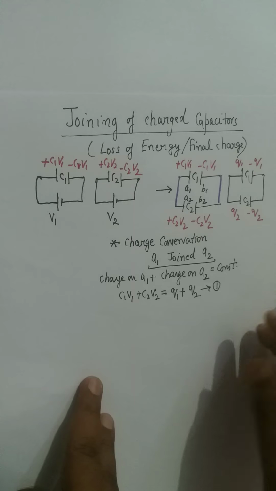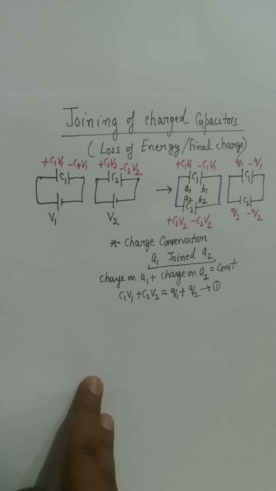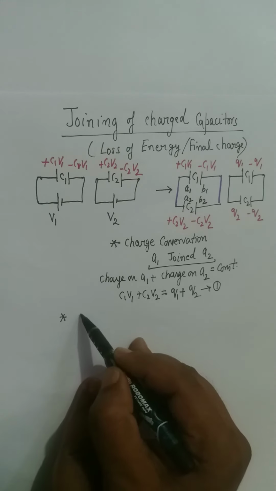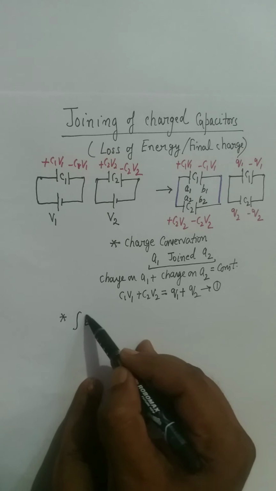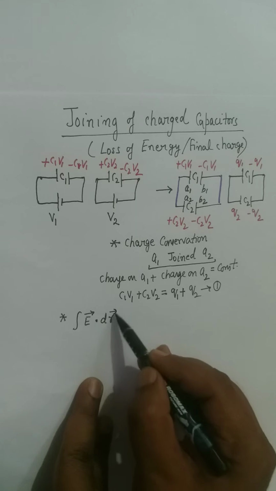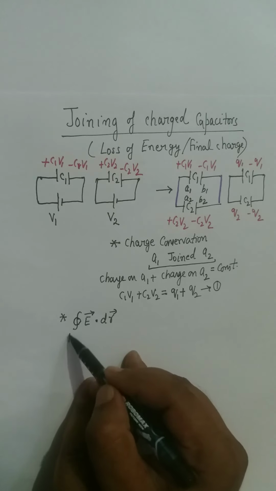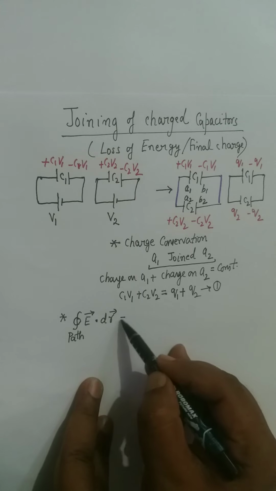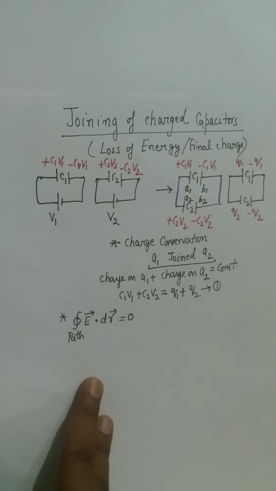Now my second equation. The second equation is also a fundamental principle: if you take the integral of the electric field vector along any closed path, the integral of the electrostatic field must be equal to 0.